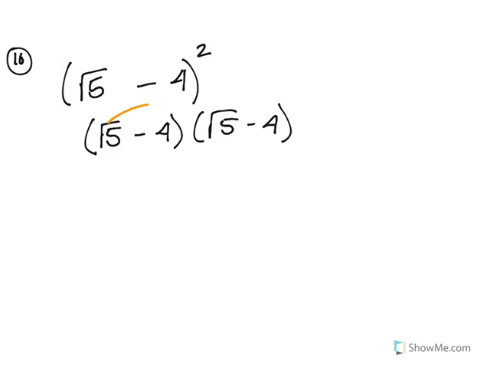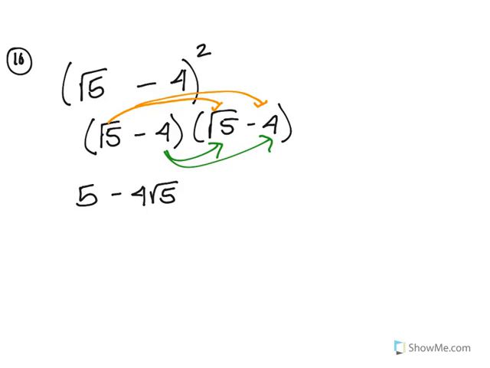Very good. Square root of 5 times the square root of 5? 5. Good. Square root of 5 times negative 4? Good. Negative 4 times the square root of 5? Negative 4 times negative 4?